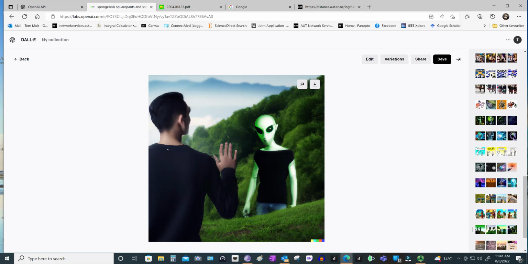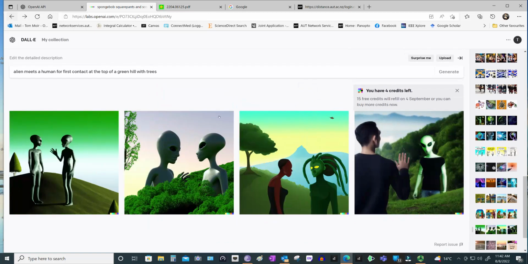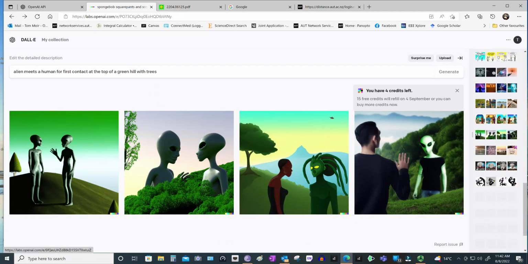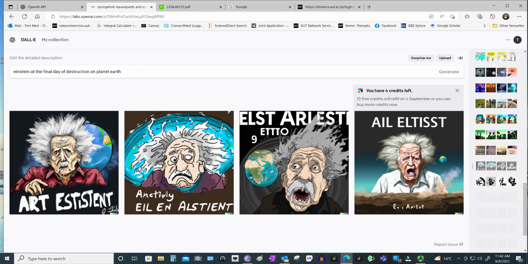This could be that the human's just putting his hand up to greet him, but I was thinking maybe that's going to become like one of those Spock greetings, or some sort of live long and prosper, perhaps, but who knows. This is a sort of cartoon thing it did for me.